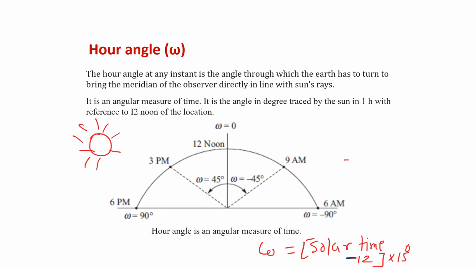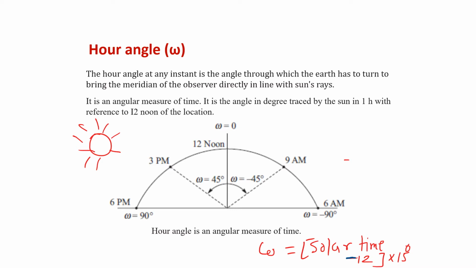So basically it is the angle the earth rotates such that the sun comes directly over the head of the observer, that is 12 noon.